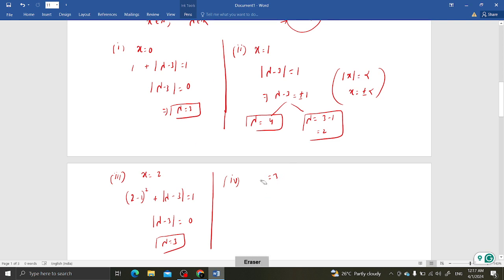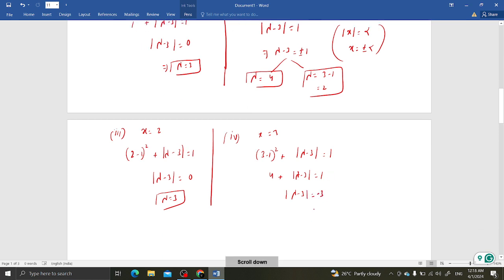If I am choosing x equal to 3, we observe that 3 minus 1 whole square plus mod of lambda minus 3 equals 1, and 3 minus 1 is 2, that is we get 4. So mod of lambda minus 3 equals minus 3.